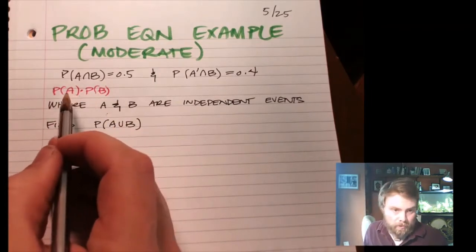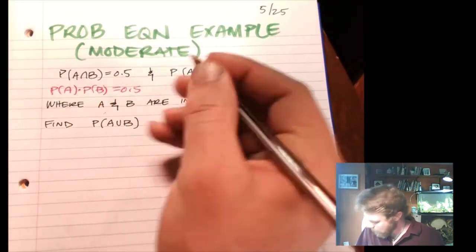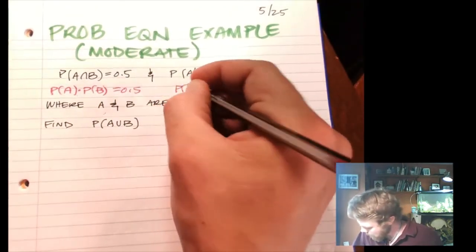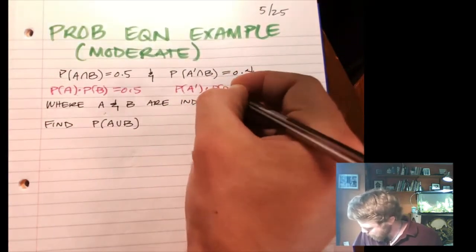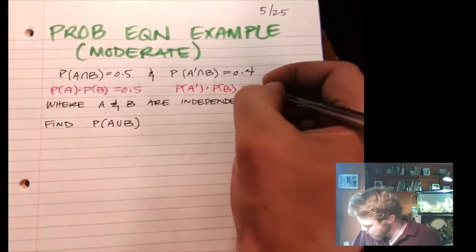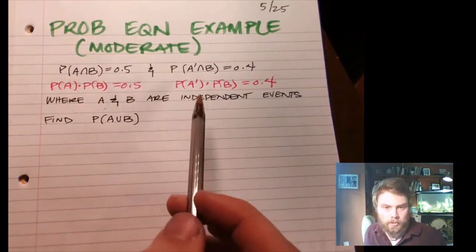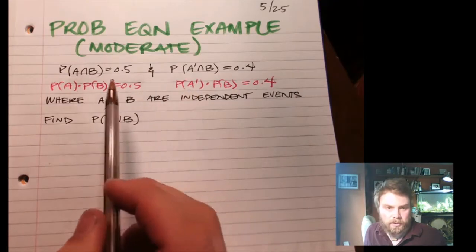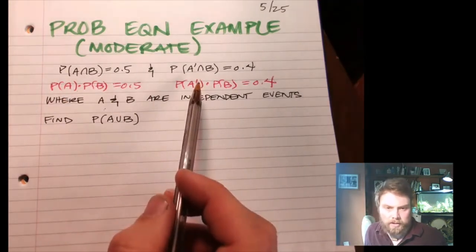This would be the first part of the tree and the second part of the tree. Okay, it's 50%. Over here though, this is not A times B equals 40%. Okay, so we've got this to work with, and you can see we have A, we have B, and we have not A, and that's three things.